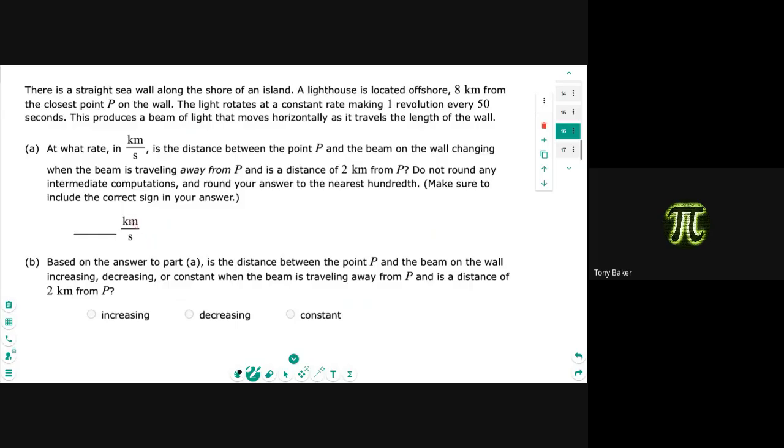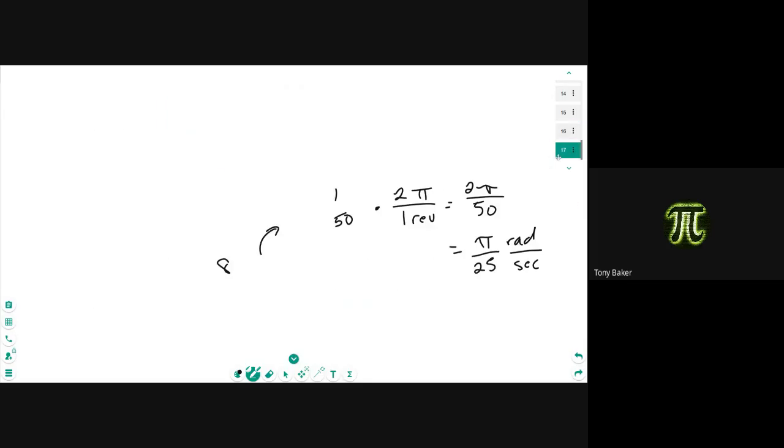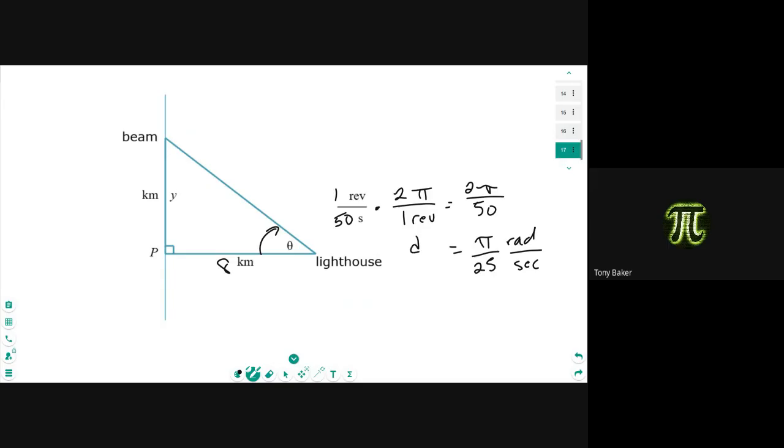So if you looked at the question, that's my d theta dt. It's the change in angle over time, because the lighthouse light is moving.